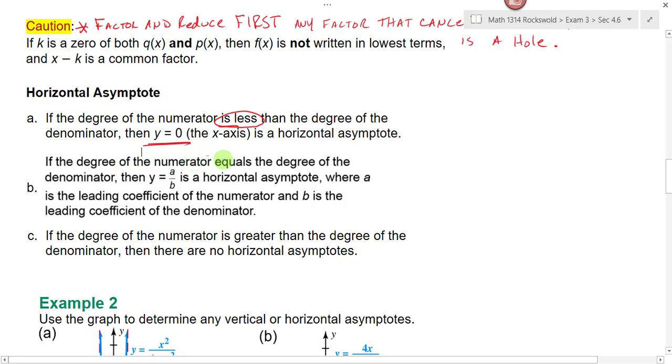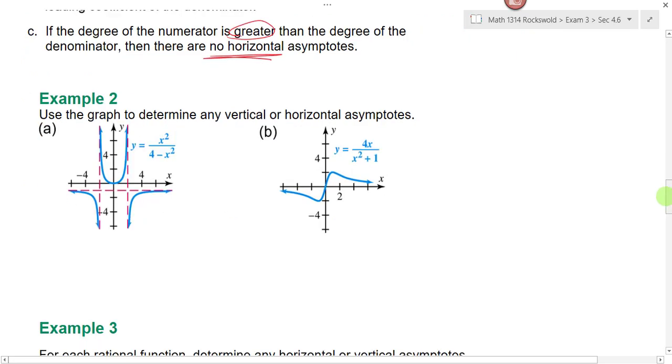If the degree of the numerator equals the degree of the denominator, then your horizontal asymptote is going to be a line where you have y equals leading coefficient over leading coefficient, and we'll see an example of that in just a minute. If the degree of the numerator is greater than the degree of the denominator, then you have no horizontal asymptotes.